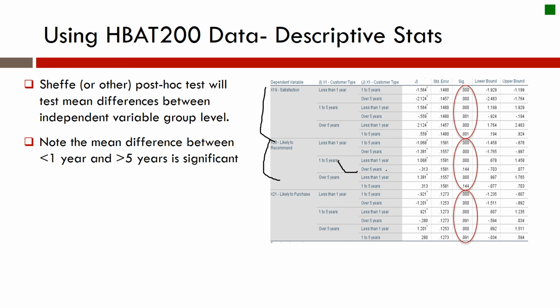So we have that middle group, the 1 to 5 year, and then the 5 year, and we look at the mean difference. And we asked earlier whether these would be different or not, and it would appear as though it's not significantly different for likelihood to recommend, and then also likelihood to purchase as well. It's not significantly different. If 0.05 is our cutoff, then we would say the same thing.